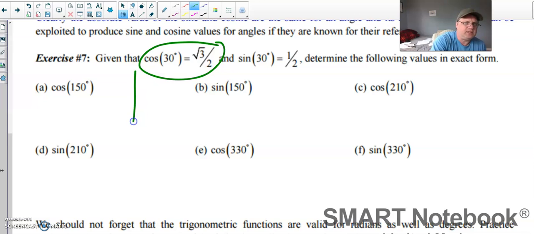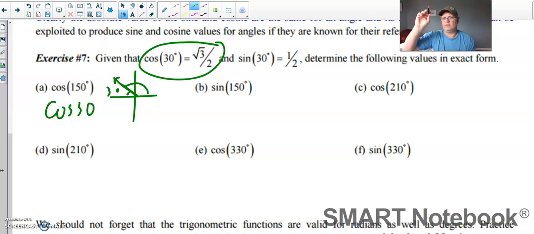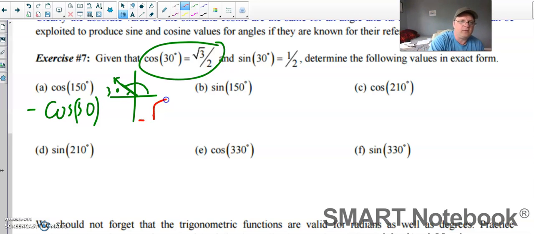So 150 is in quadrant 2, and the reference angle here is 30. So the absolute value of cosine 150 and the absolute value of cosine 30 are the same. Cosine is negative in quadrant 2, so therefore that has a value of negative root 3 over 2.